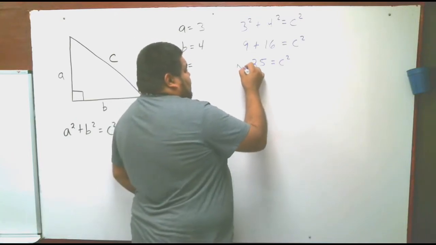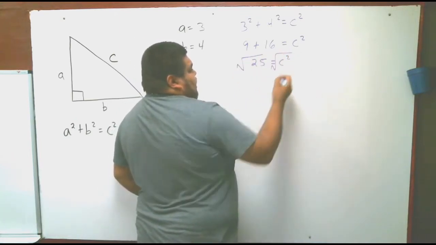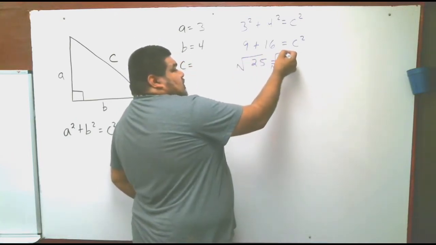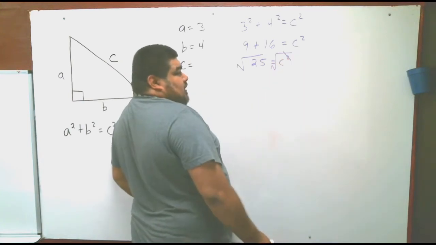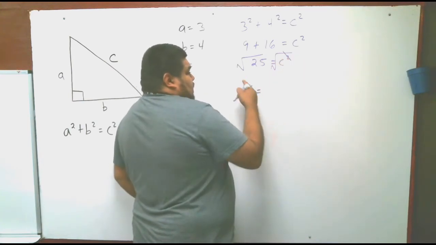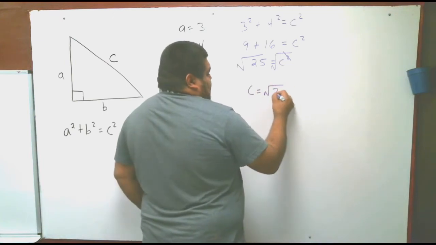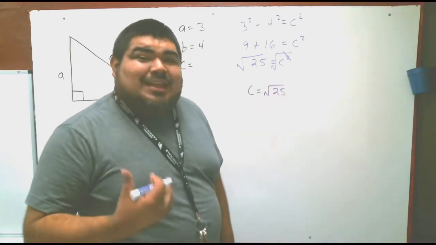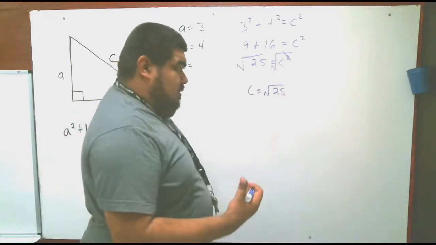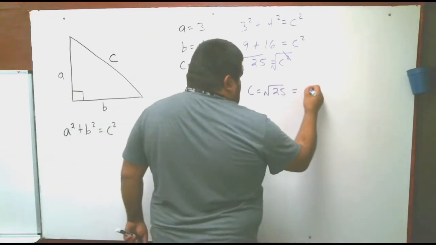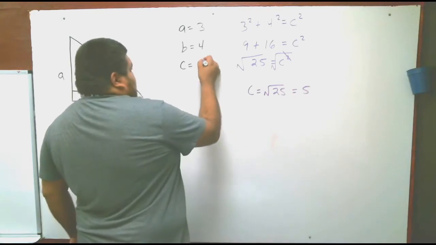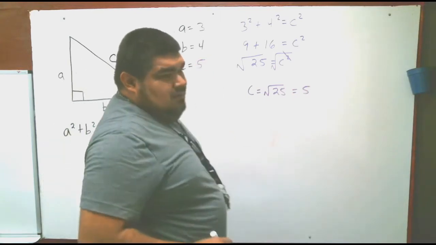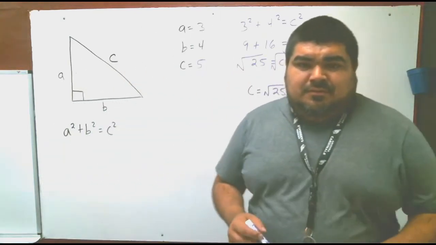So we're going to take the radical of 25, and the radical of C squared. The C squared is going to cancel the square in the radical. We're left with C equals radical of 25, which has a perfect square root, which in this case is 5. So C equals 5.